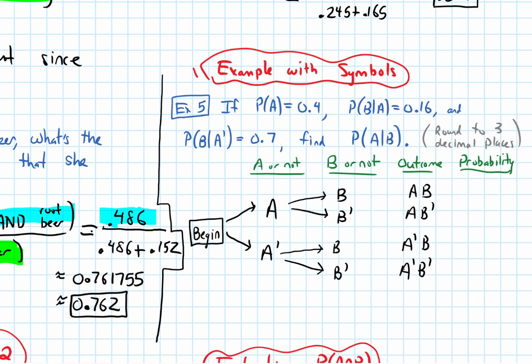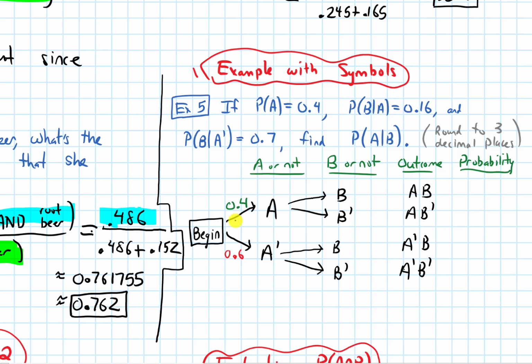Now let's see if we can label some probabilities here. The question says at the start that the probability that A happens is 0.4. So we can label that along this A branch, 0.4. But that must mean that the probability that A complement is 0.6, because those two have to add up to 1. Now let's look at the conditional probability that B happens given that A occurs.